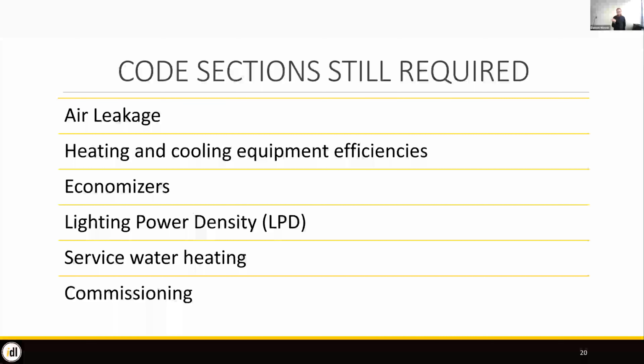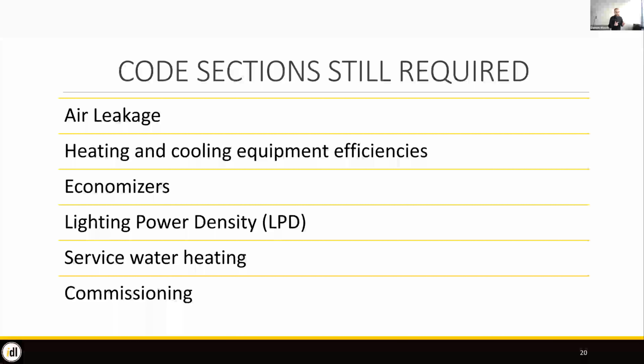So either testing, right, which gets you off the hook for the extra efficiency option, as well as avoiding the prescriptive requirement. But if you're not doing the testing, then you do have to go through the prescriptive air barriers, list each of their infiltration rates. So air leakage is still required, still have to do that.